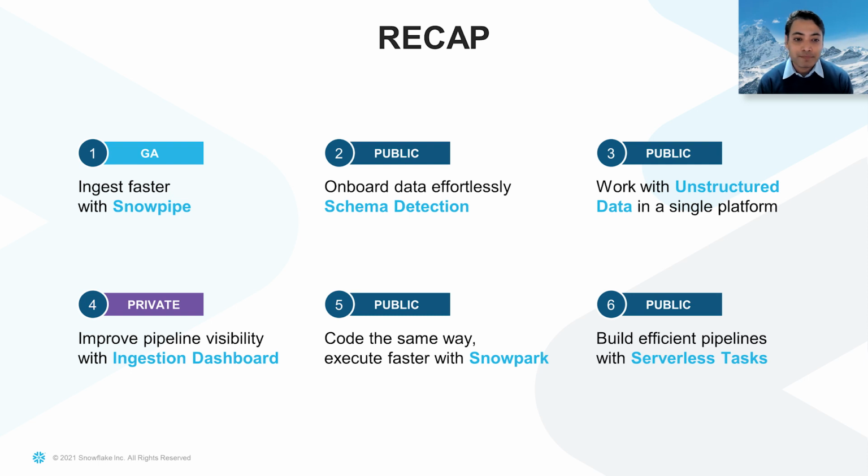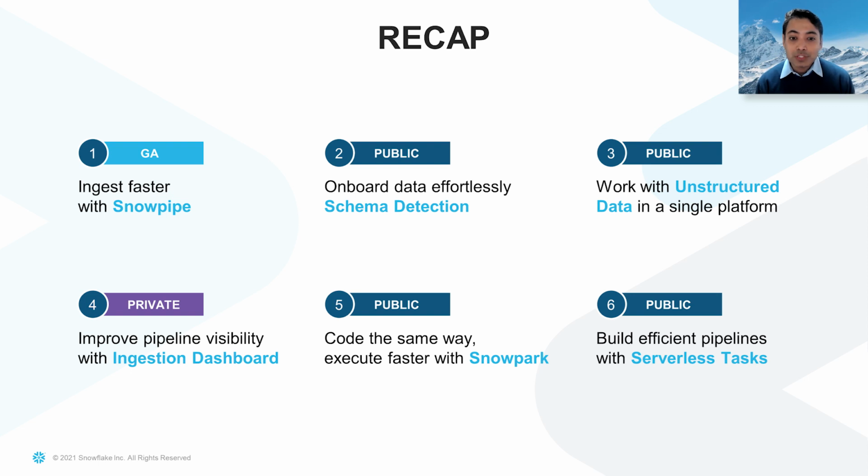Now, let's recap. We discussed Snowpipe's latency improvement, and now it's available across all deployments. You don't have to turn any knobs. You can experience the latency improvement in Snowpipe. We showed you schema detection, and our investments in schema evolution will help you to accelerate pipeline creation and maintenance. The support for unstructured data management includes built-in capability to store, access, process, manage, and govern unstructured data in Snowflake.